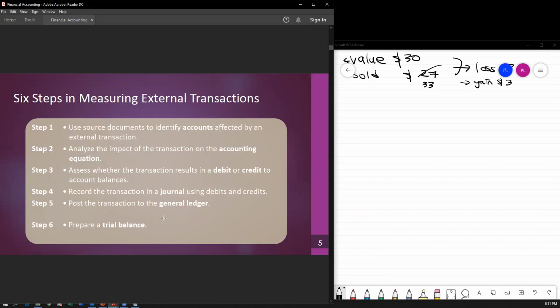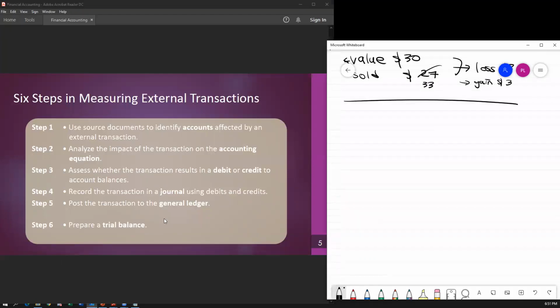For step 1, we use a source document. When we say source documents, we're typically referring to an invoice or a receipt.